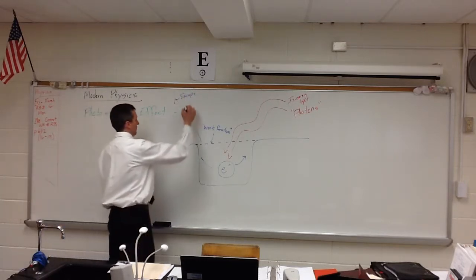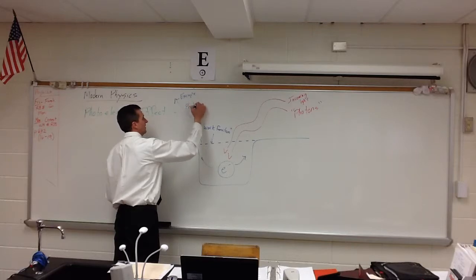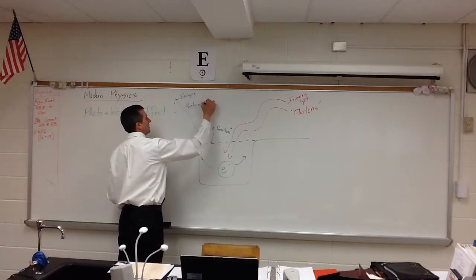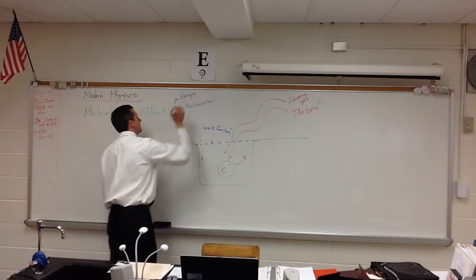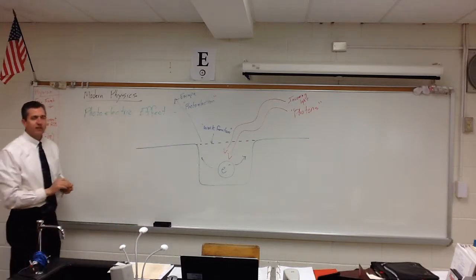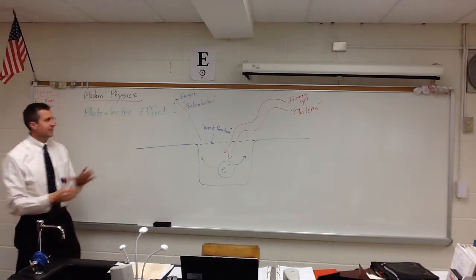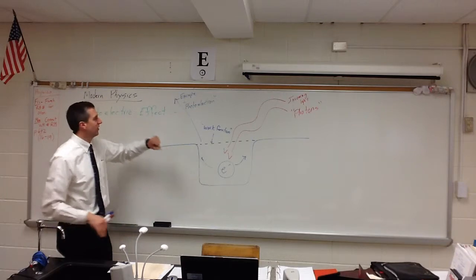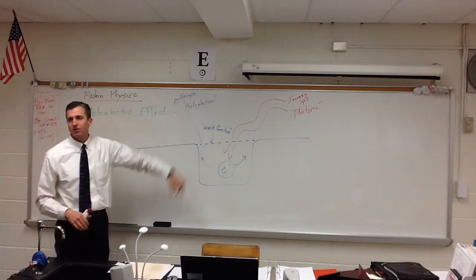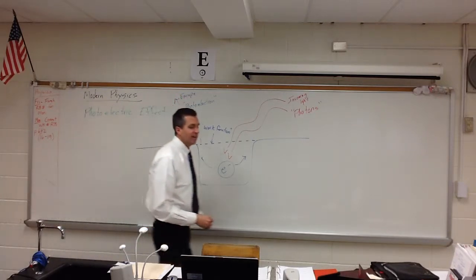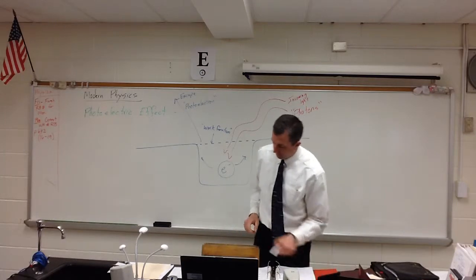He's called a photoelectron. So you've got photons of light energy coming in. They excite Eddie. If he gets past the work function, boom, he escapes, and he's called a photoelectron. That's kind of the basics of this process.